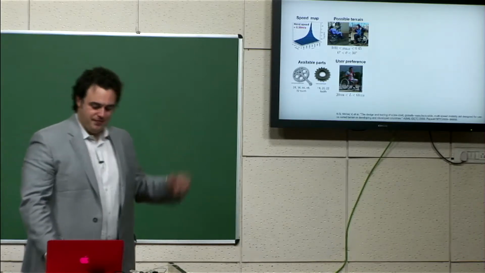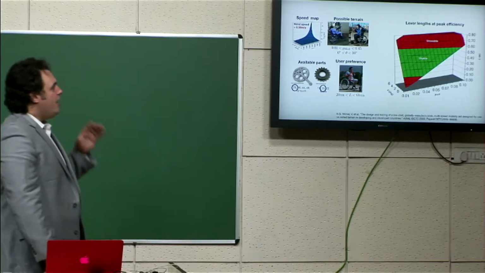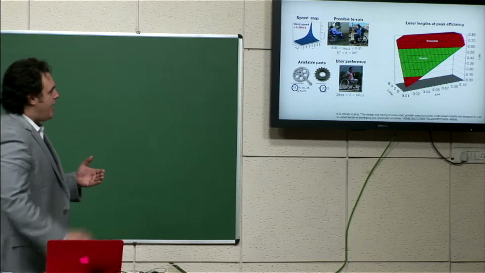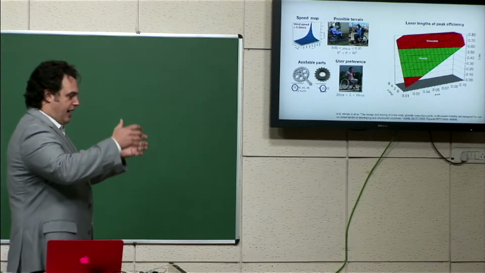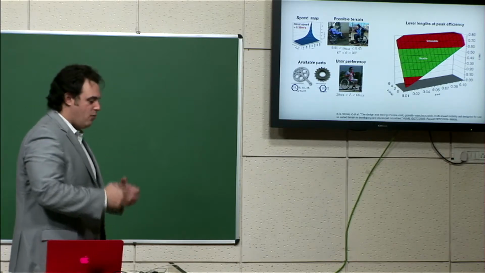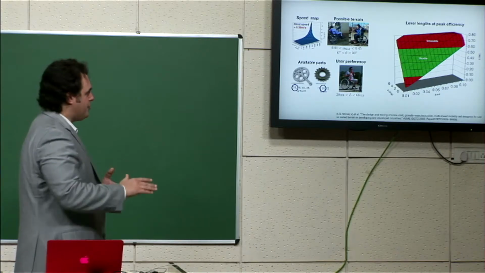So we put all of that together and used these calculations to understand, as we change our lever length and change the torque output to the wheel, can we produce enough torque to overcome the rolling resistance or the climbing resistance?